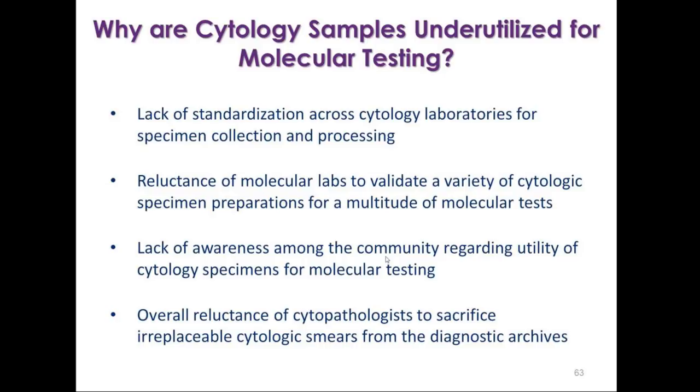So there are measures that can be taken where you either scan in your slides to replace the slides that will be used. You can take pictures of the slides, or you can ensure that you have some diagnostic slides that you retain on file, and then you can sacrifice some of the smears for testing.